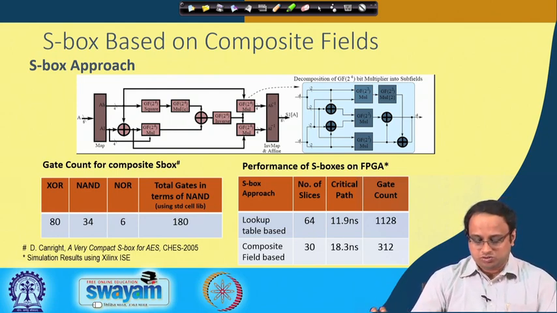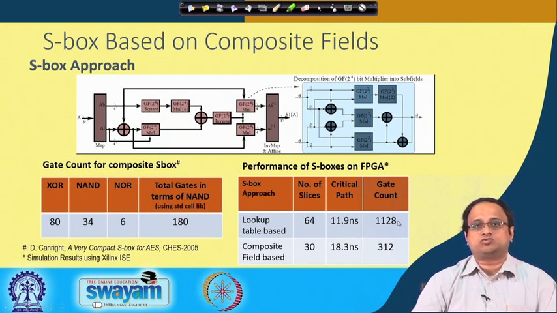So there is an increase in the critical path delay, but we should be able to appreciate that there is a significant reduction in the number of gates required for this design. For example, the gate count here has diminished from 1128 to only 312.